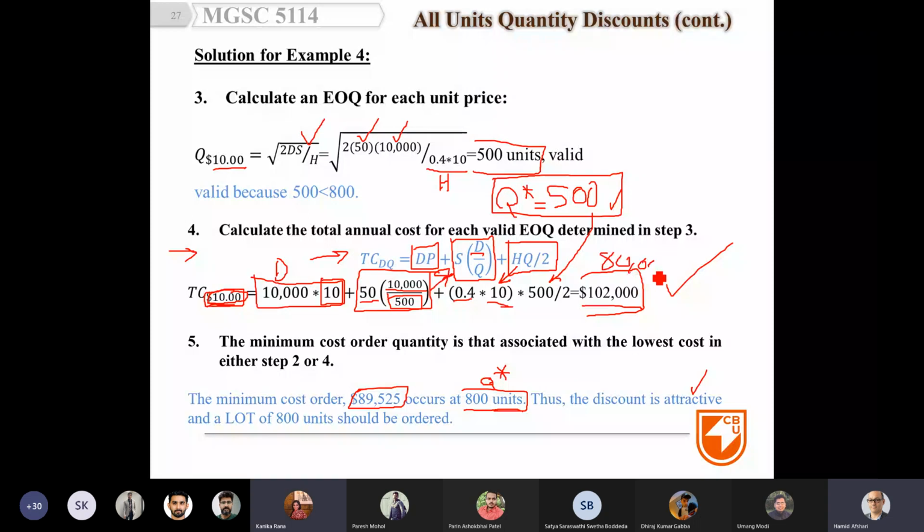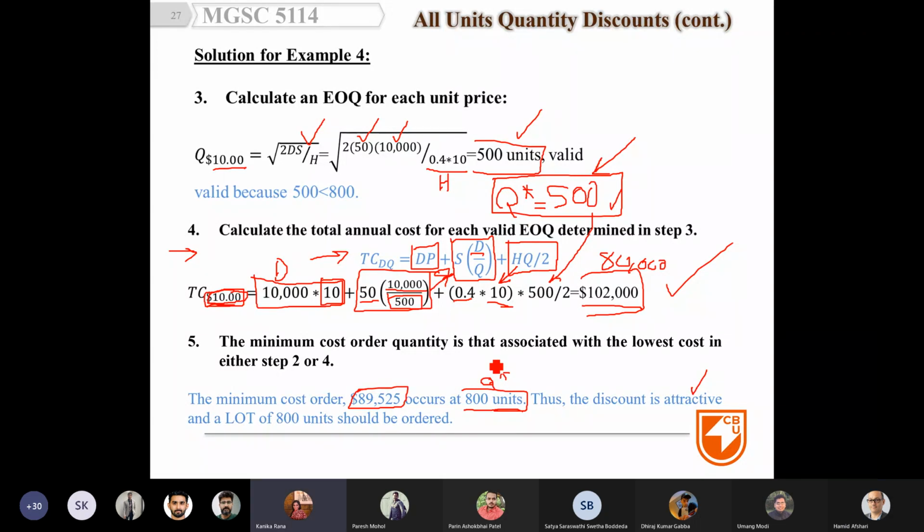Yes. So you would say that economic order quantity should be 500, okay? And I'm not interested in the discount. I will order at the units of 500. So whenever my quantity finishes, then I will order.